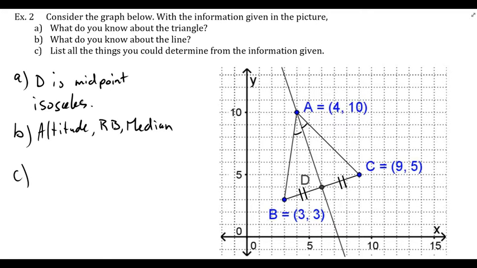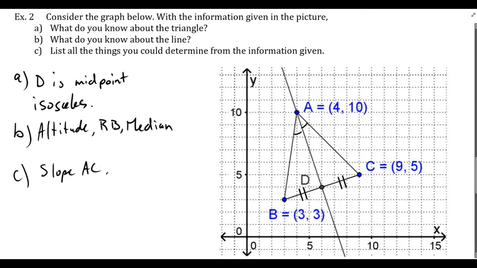Okay, very good. Okay, C, list all the things you could determine from the information that's given. So let's see. Give me like 1 or 2 things, Natalie. Don't give me everything you got. Slope of AC. What else? Like, what other slopes related to that?